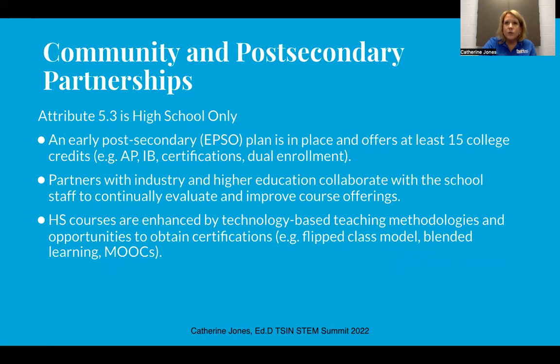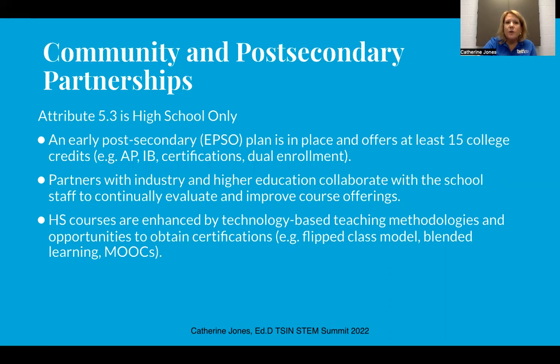And if you're a high school, attribute 5.3 is required. So the high school needs to have post-secondary EPSO plans in place, and they need to have at least 15 college credits available. That can be AP, IB, dual enrollment, various CTE certifications, but you want to make sure that those items are in place.